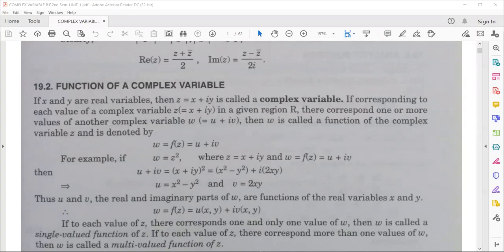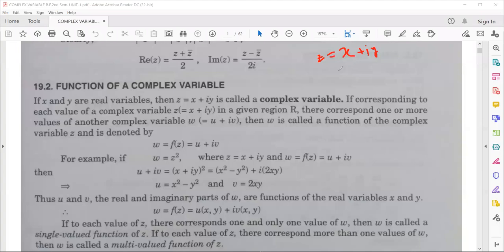Similarly, you get variables in the Cartesian coordinate system and also in complex numbers. As you already know, a complex number is always of the form x plus iy, where x is real and y is also real. x is called the real part of a complex number and y is called the imaginary part.